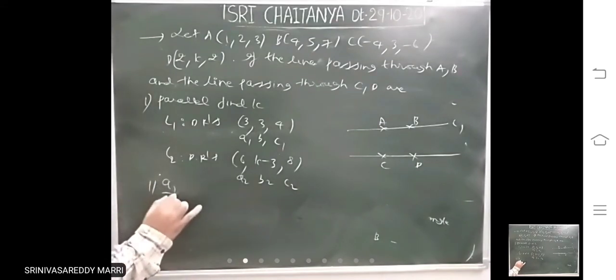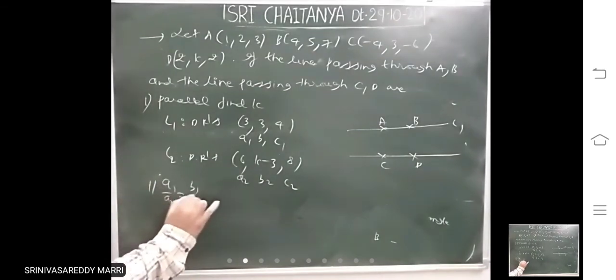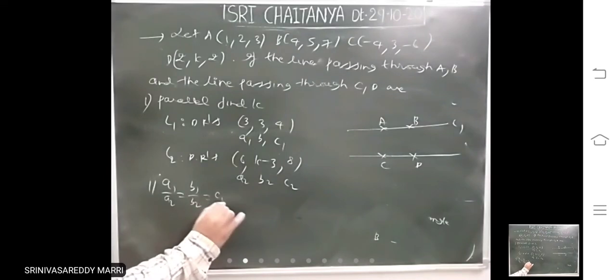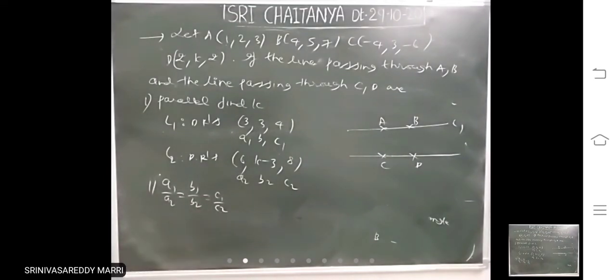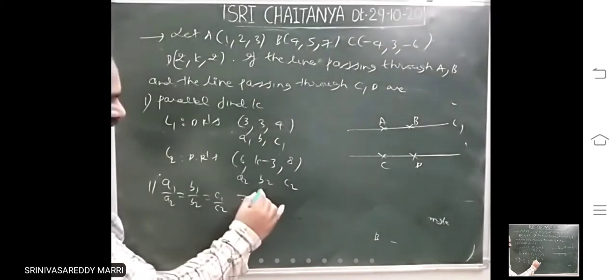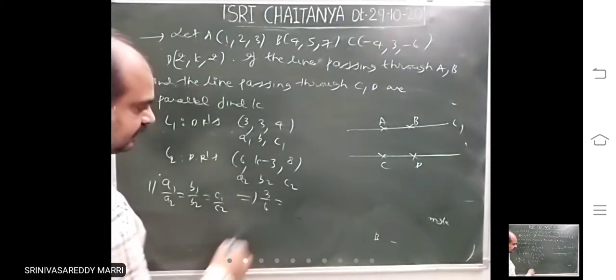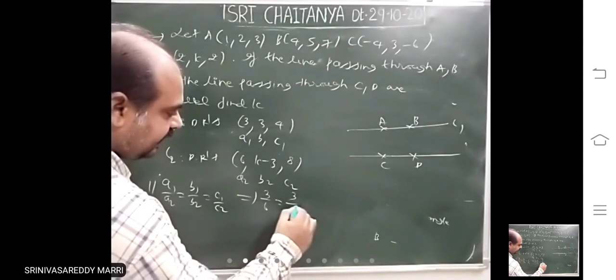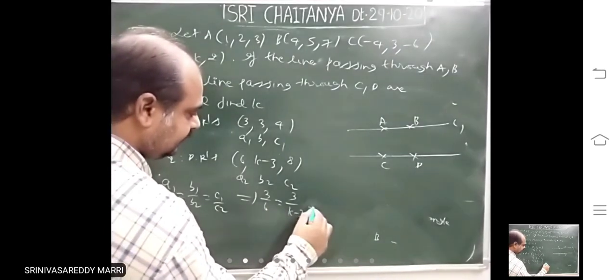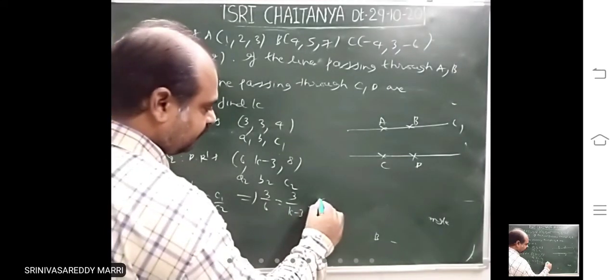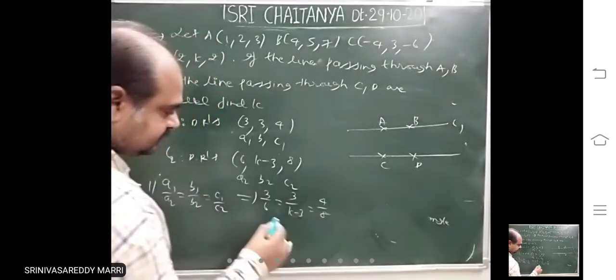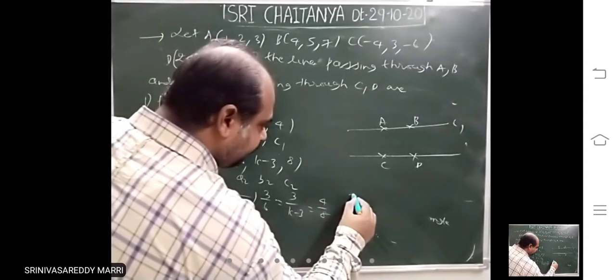So this is A2, B2, C2. Parallel condition is this only. A1 by A2, 3 divided by 6, equals 3 divided by K minus 3, equals 4 divided by 8. So this is 1 by 2, this is 1 by 2.